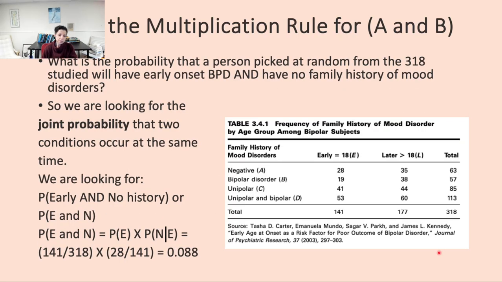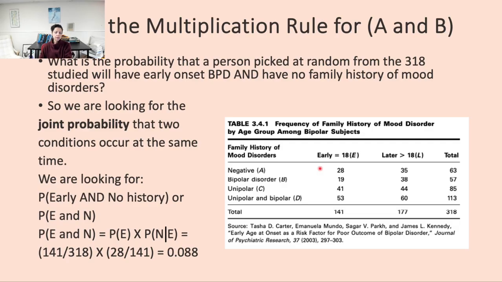Let's do another example. And we're going back to our bipolar disorder table. What is the probability that a person picked at random from the 318 studied will have early onset BPD, early onset bipolar, and have no family history of a mood disorder?